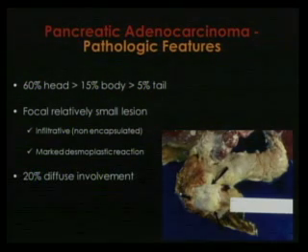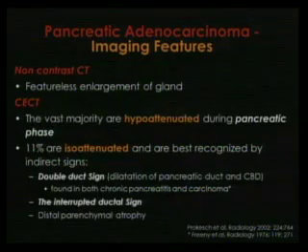The tumors are infiltrative tumors without any capsule. In 20% of the cases, the involvement is more diffuse, and you can see multiple segments of the pancreas affected, but most of the time it's a focal and usually small lesion.